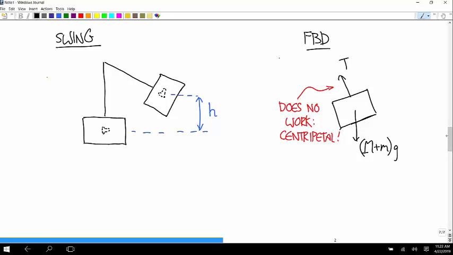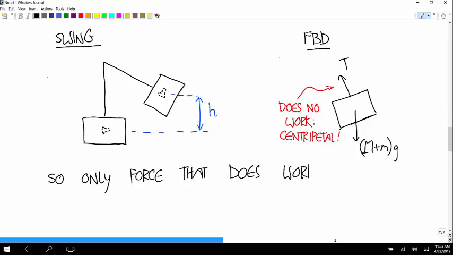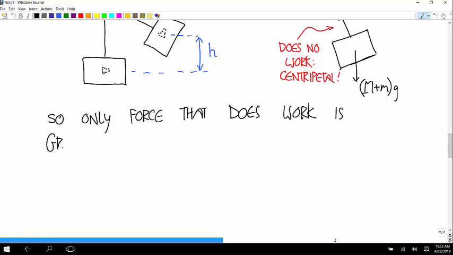And so that means that the only force we have to worry about is gravity. And since we have an expression for the potential energy of gravity, we can use conservation of mechanical energy.